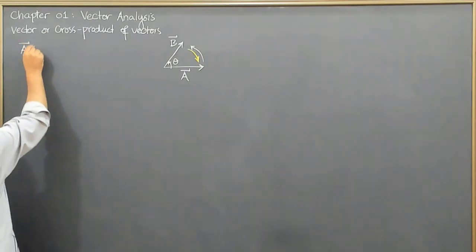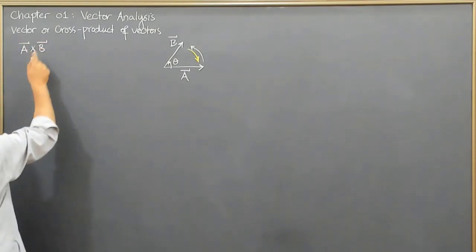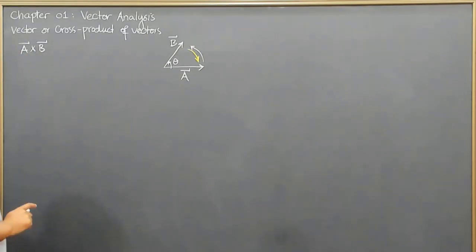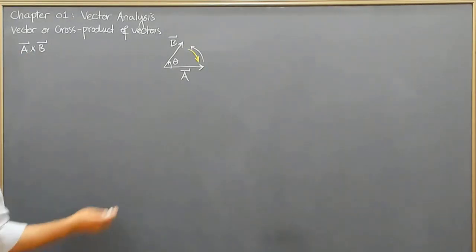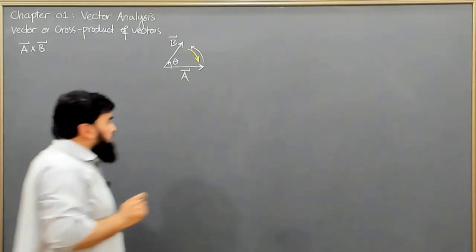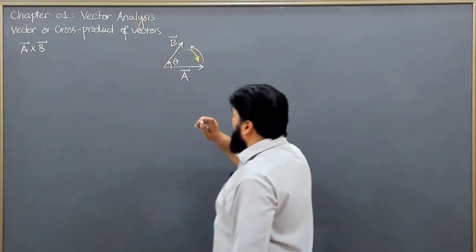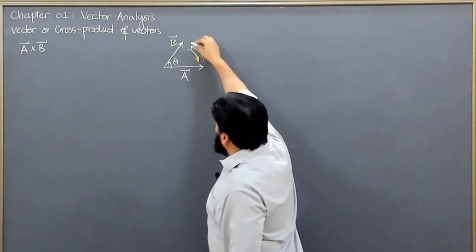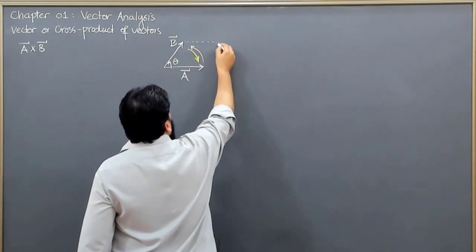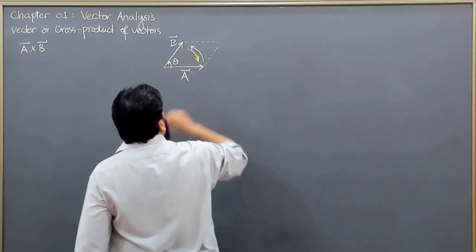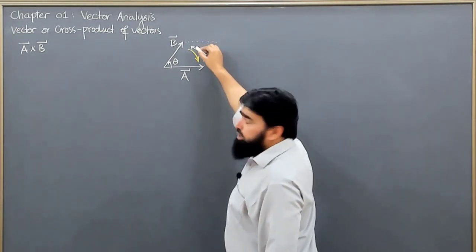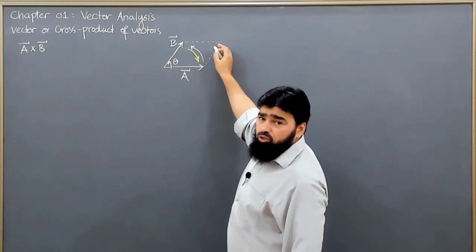So whenever there is dot, it is translation, and whenever it is cross, it is rotation, it is sweeping. So A cross B will be equal to this area, the area of a parallelogram here. And I see that the perpendicular component here is responsible for this one.